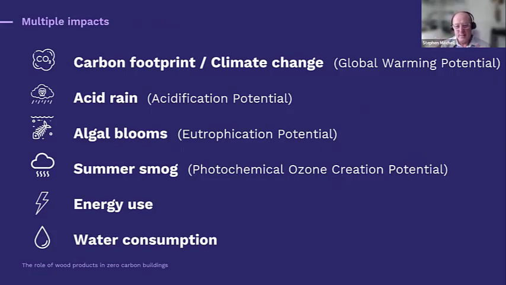So when you're thinking EPDs, carbon is the measure that a lot of people are looking at now, but we use life cycle measures. Other environmental impacts can be as equally or more important in different contexts. So sure, look at carbon, but also consider what the trade-offs might be in terms of other environmental impacts.